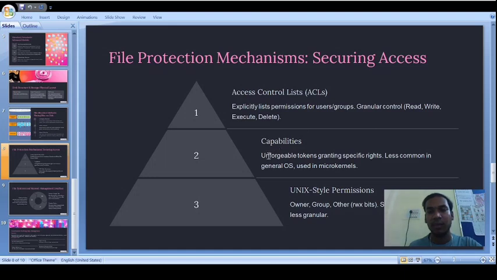Capabilities have tokens for granting specific rights, and they are less common in a general OS, used in microkernels, where the user gets tokens for particular rights to access the file. Unix style permission, where the particular owner or admin of a group can access the file.